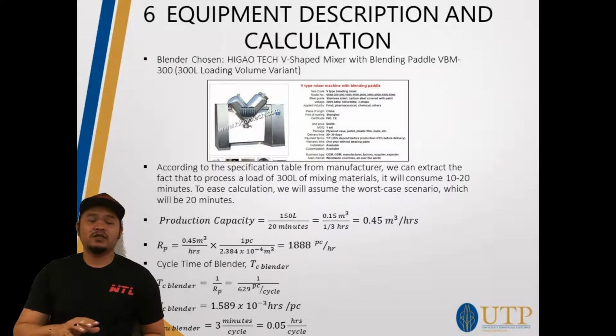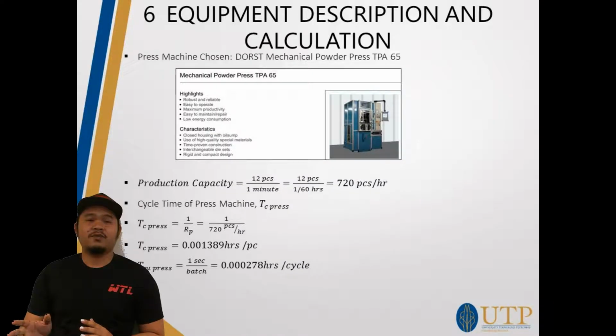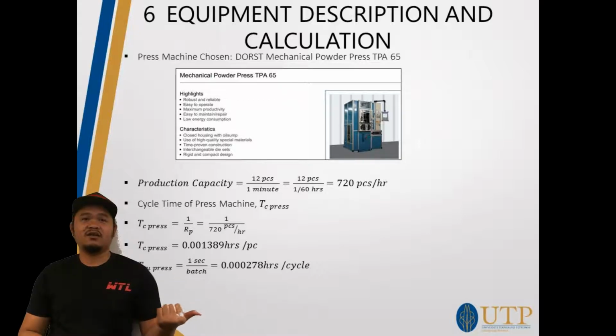Then we're going to do the pressing calculation, the same as before. We can get a production capacity. Then for the pressing, we got 720 pieces per hour. Then the cycle time we can get is 0.00278 hour per cycle.